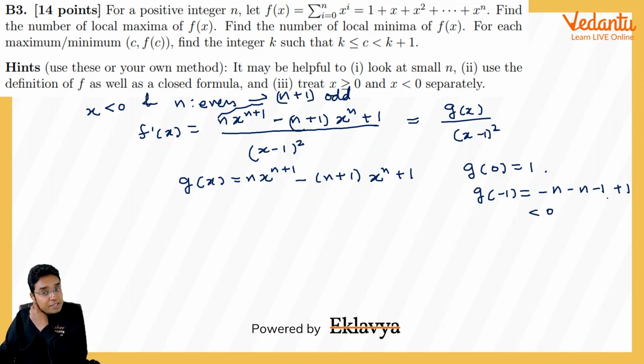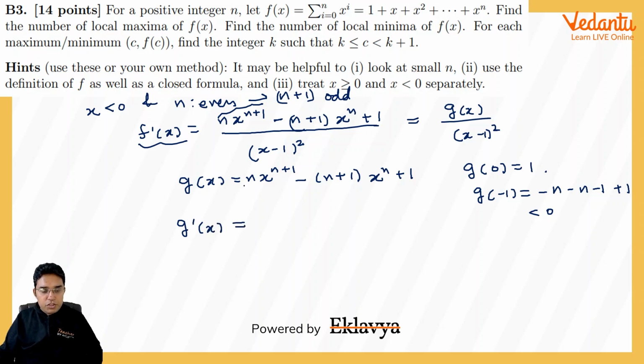So what we can see is that this gx will be positive at 0, negative at minus 1, but whether there are some more possibilities where this gx can change its sign, and there this f dash will also change its sign, and there we may find some point of maxima or minima. Okay, now to do that, let us check the monotonicity of this gx function.